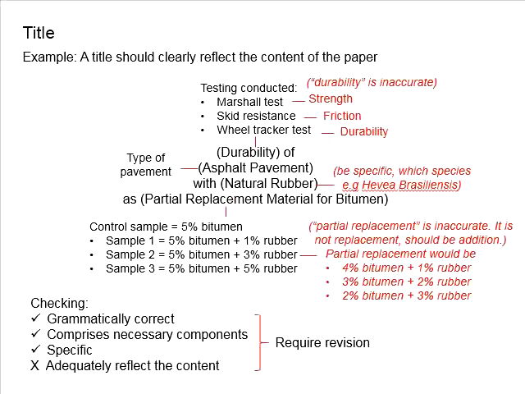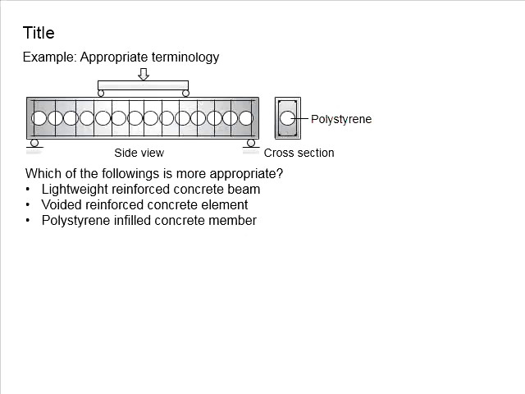You will have to be careful with the terminology used in your title. Let us look at another example of a title. We are talking about appropriate terminology used in a title. The diagram here shows the specimen being tested in a research study.